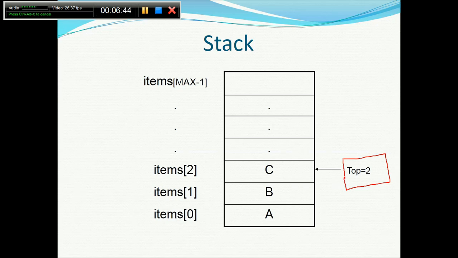The purpose of the top pointer, or top index, is to maintain the topmost element on the stack. Here in this example you can see C is the topmost element, that's why top is pointing to it, and the index where C is stored is stored inside top.